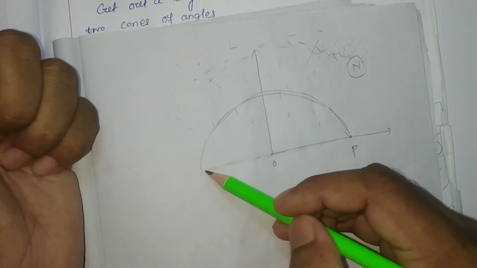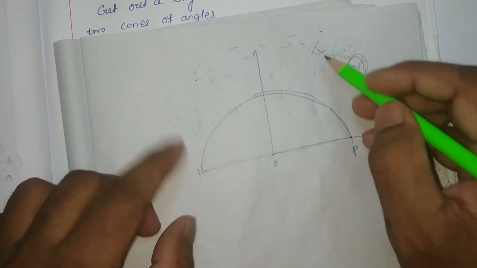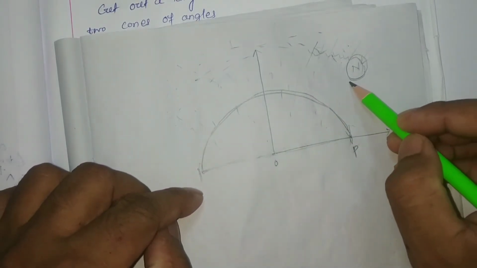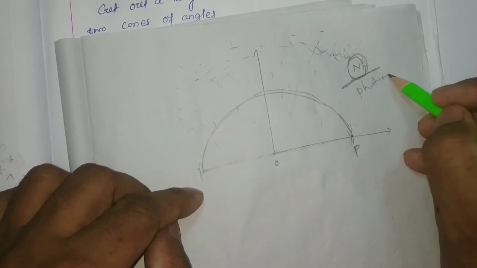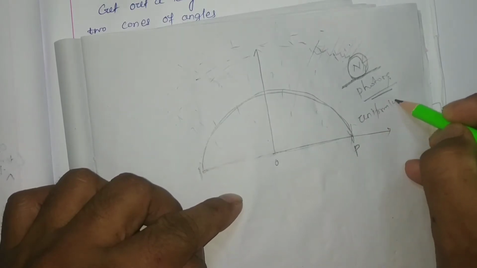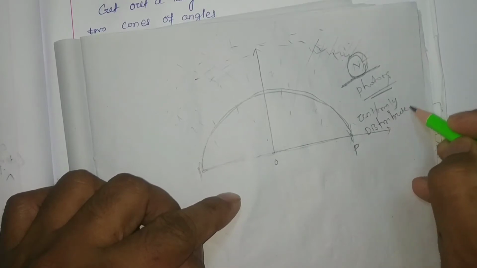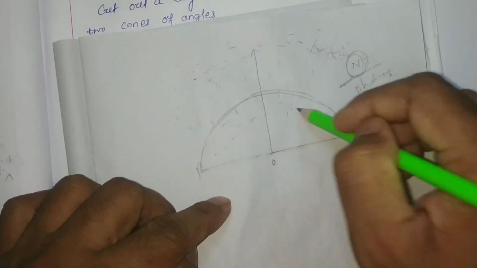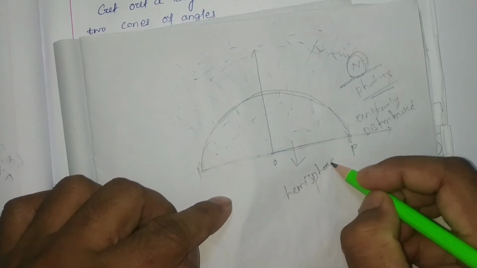So above this surface, let N number of photons be coming towards this surface, uniformly distributed over this hemisphere.